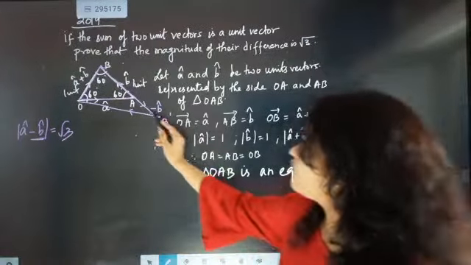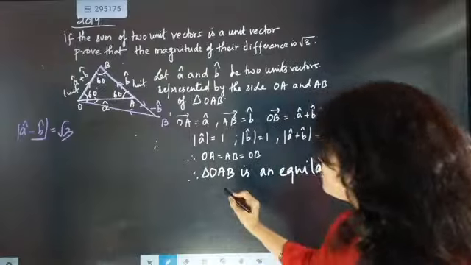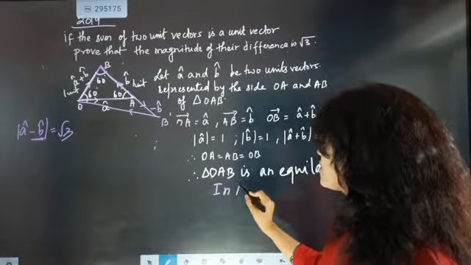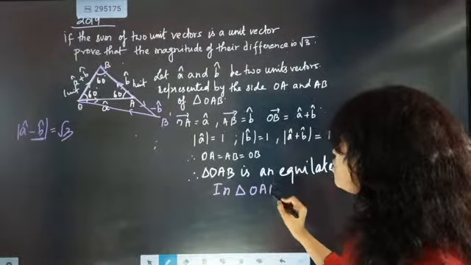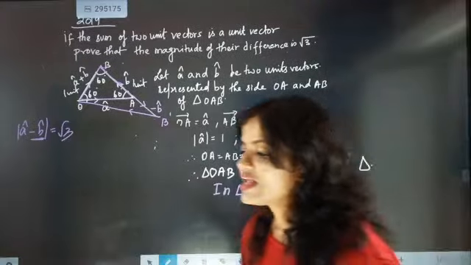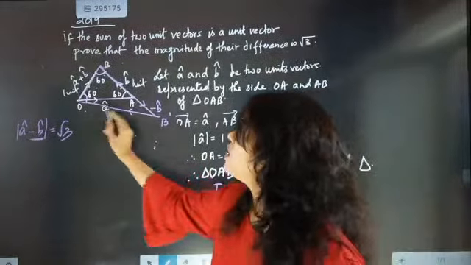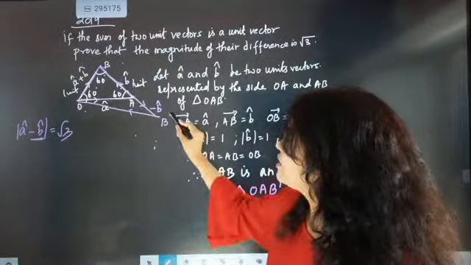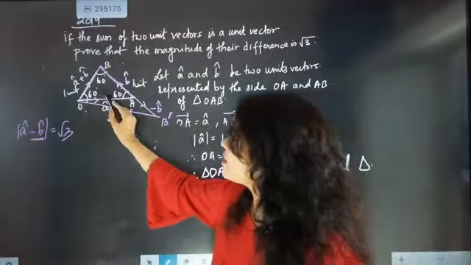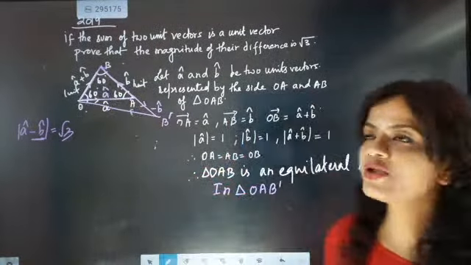Now look here, for this triangle OAB, in triangle OAB dash, now we are only concerned about this triangle OAB dash. Beta, this is A cap, that is a unit vector.